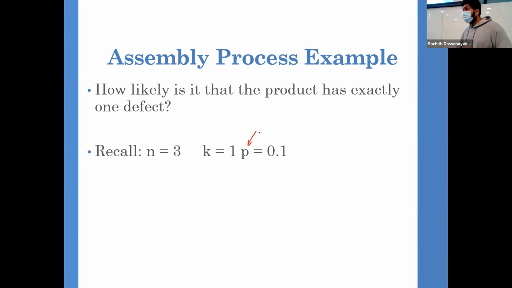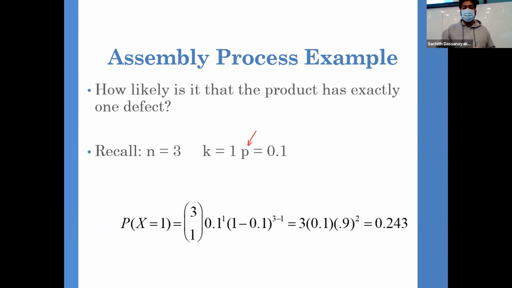Total number of trials is 3 because I checked 3 times. What is this? Probability of having one defective component. So probability of X equal 1, right?